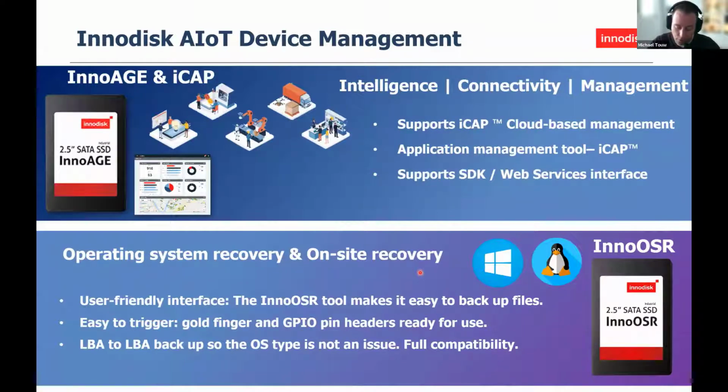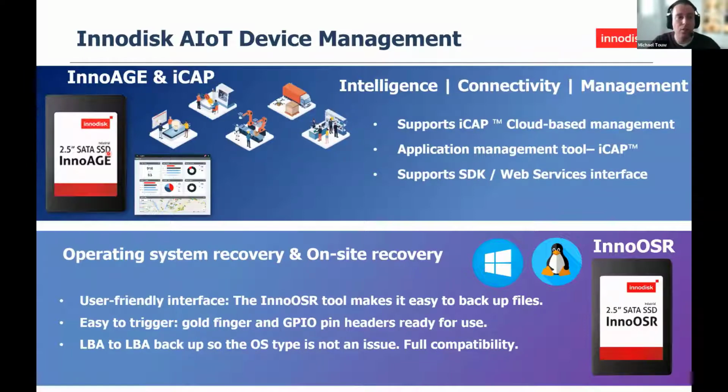So we have two solutions for this. One is called InnoH, which can be monitored, for example, by the ICAP software that I talked about. And then you simply tell the disk, which is built up of two partitions. One is your current operating system, and the second partition is an invisible backup partition.